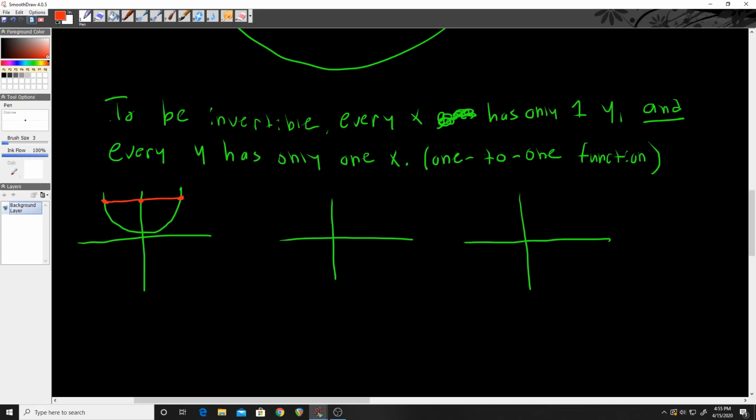And so this is a function, but non-invertible. This one is not a function. It fails what we call the vertical line test. A vertical line passes through more than one point. So we have x values going to more than one y, not a function.